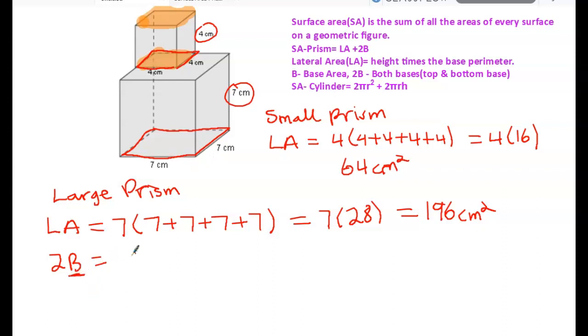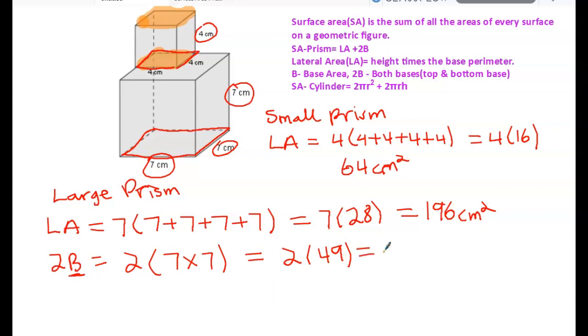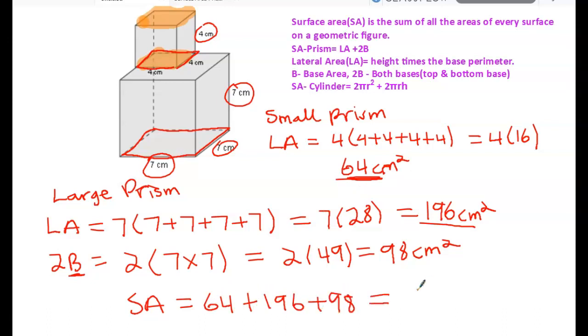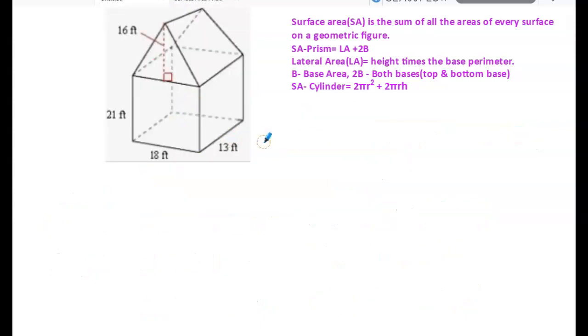B is the base area, so we get our 2 here, and then the base area is 7 times 7, which equals 2 times 49, just going to be 98 centimeters squared. So the total surface area is going to be 64 plus 196 plus 98. That will give us 358 centimeters squared.